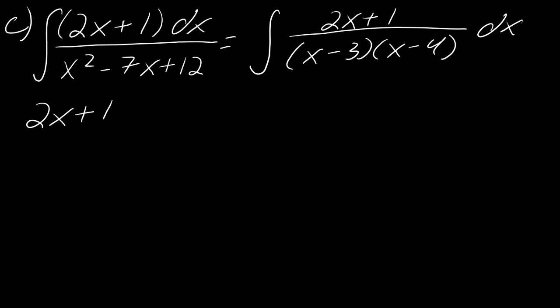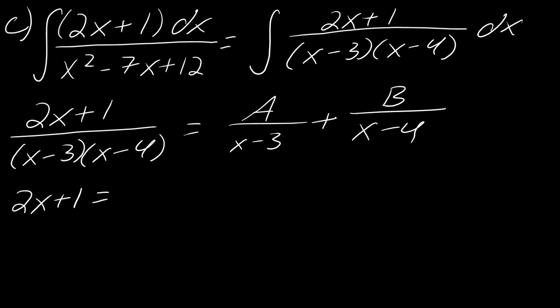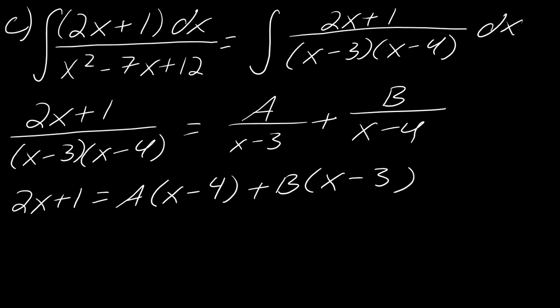Okay, so in this case I've only got the 2 factors. So I'm going to have a over x minus 3 and b over x minus 4. I guess I didn't need the parentheses there. Okay, so once again, I multiply this denominator times each fraction. So what am I left with? Well, the top is 2x plus 1, and then I've got a times x minus 4, and b times x minus 3.